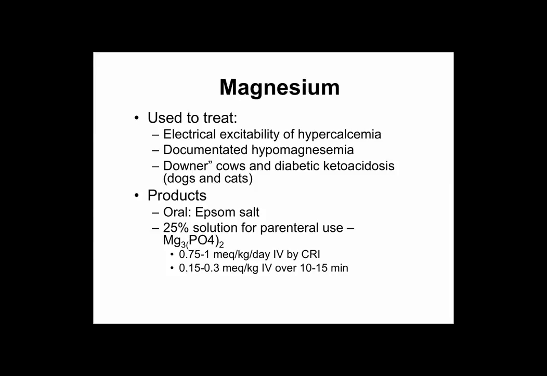We also, as I mentioned, will see the magnesium deficiency in dogs and cats with diabetic ketoacidosis if it's severe. We have products that can be given orally. Epsom salts is a good example, or for parenteral use, magnesium phosphate, and I'm giving you some doses here that you could also look up. So magnesium is not given all that commonly, except in these special circumstances.